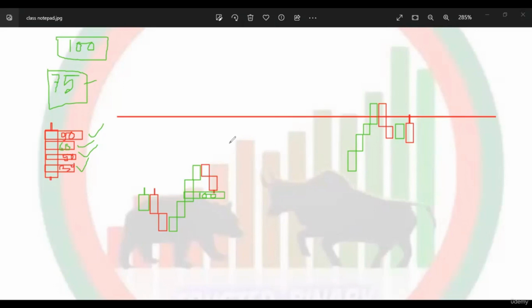So after this candlestick, when the next candlestick came to this area, like this, when it hit this area, the market got rejected by this POC point and reversed back like this.